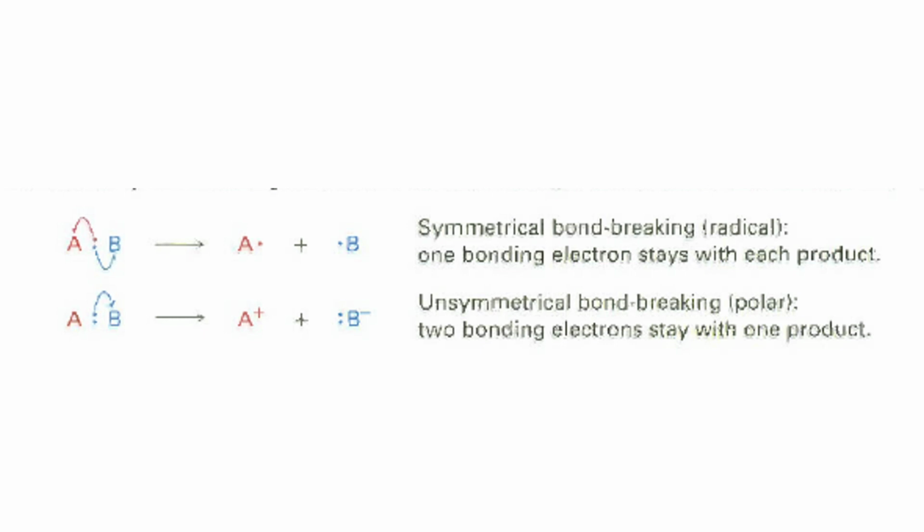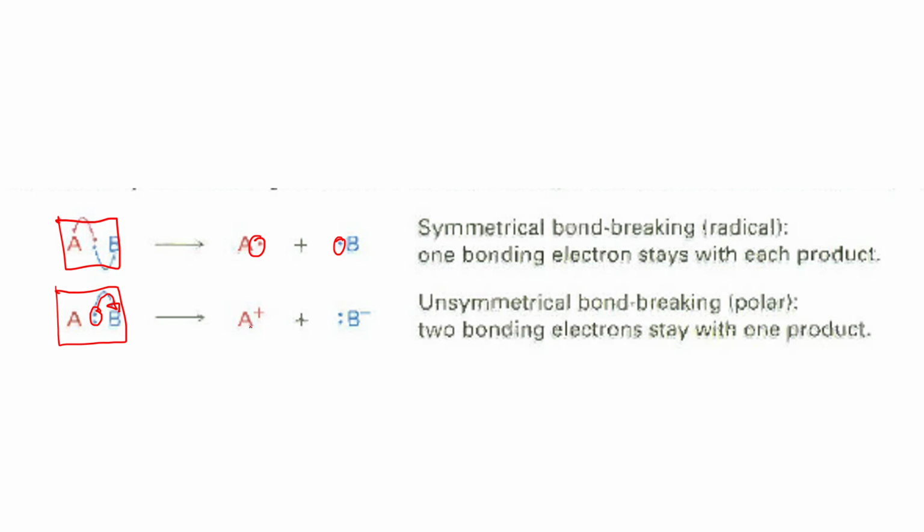So on the first one, you see that when this whole compound broke, both A and B got one electron each. Clear. And the other one, this whole molecule broke, both electrons went to B instead.